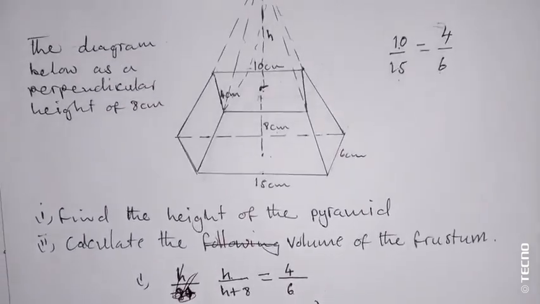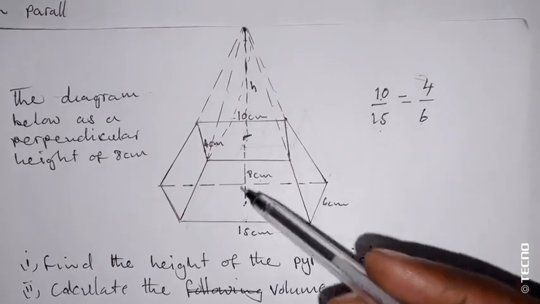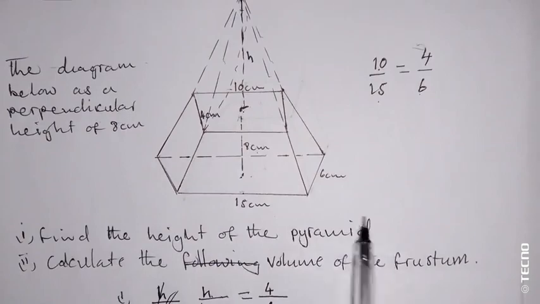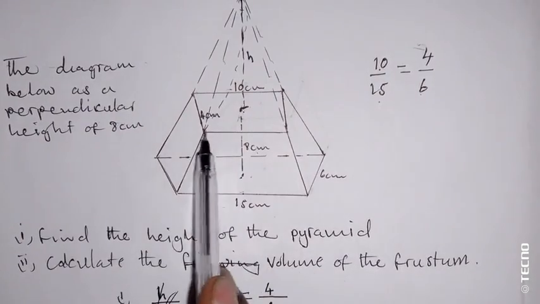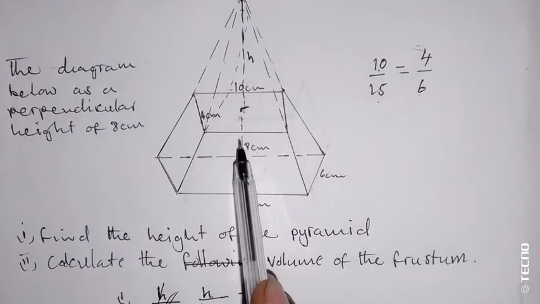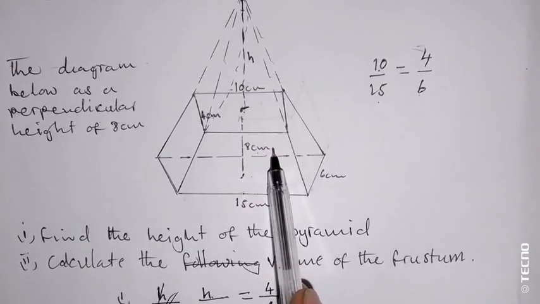Then here we have the height, so our h here, we just pick is for this frustum. The volume that we are going to find is just the volume of the frustum. So the height here is 8 centimeter.